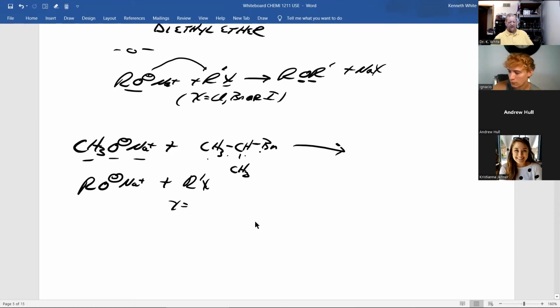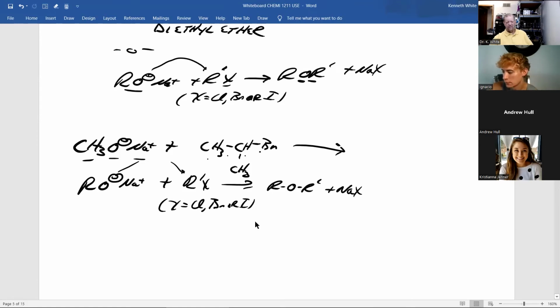Remember, X can be chlorine, bromine, or iodine. And this attacks that and forms an ether, plus a salt. But I'm only asking for the organic compound, product or products.